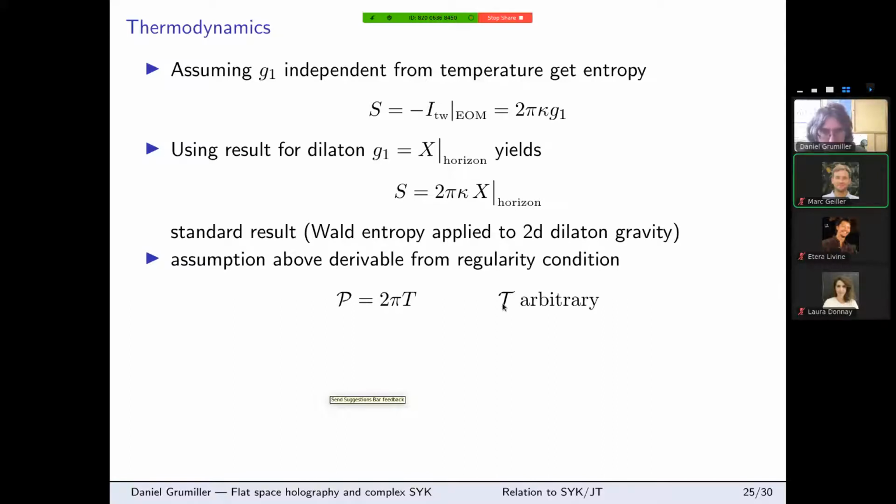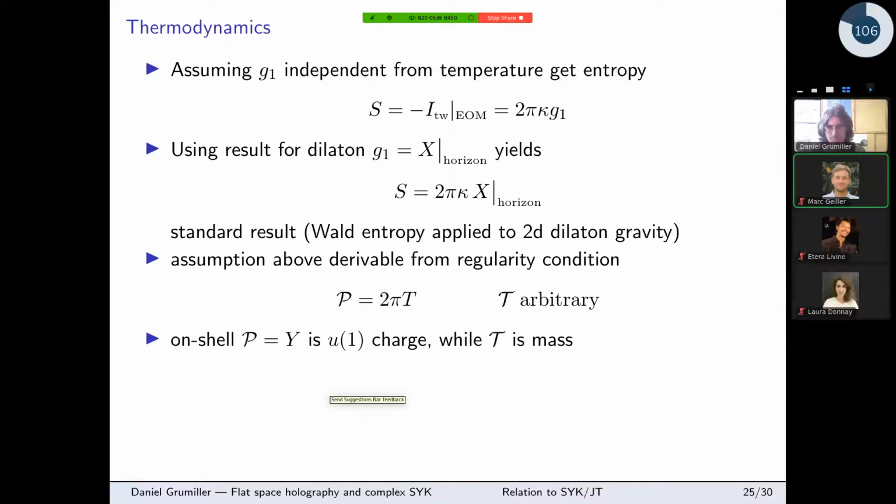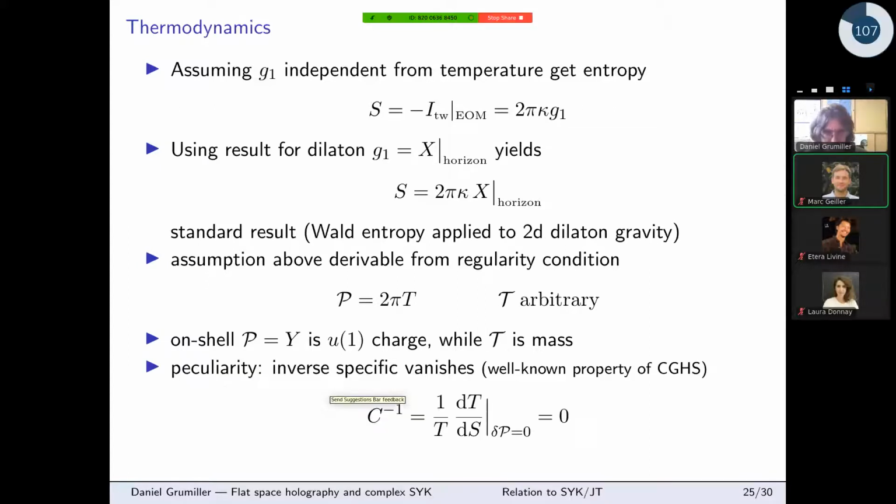So since P is independent from G1, that means that G1 is indeed independent from temperature. And this is what we assumed here, and here we show that this assumption is correct. So the physical interpretation is that P is the U(1) charge while T is the mass.